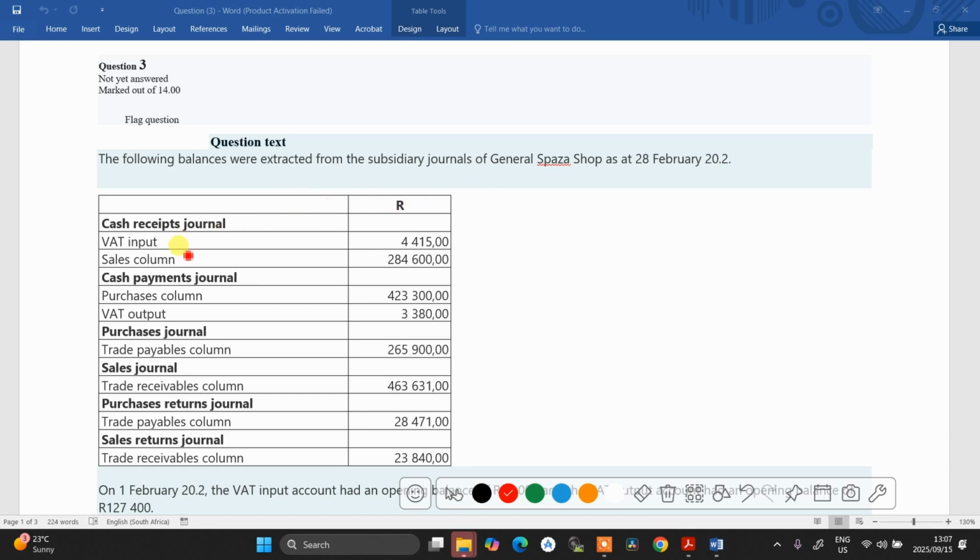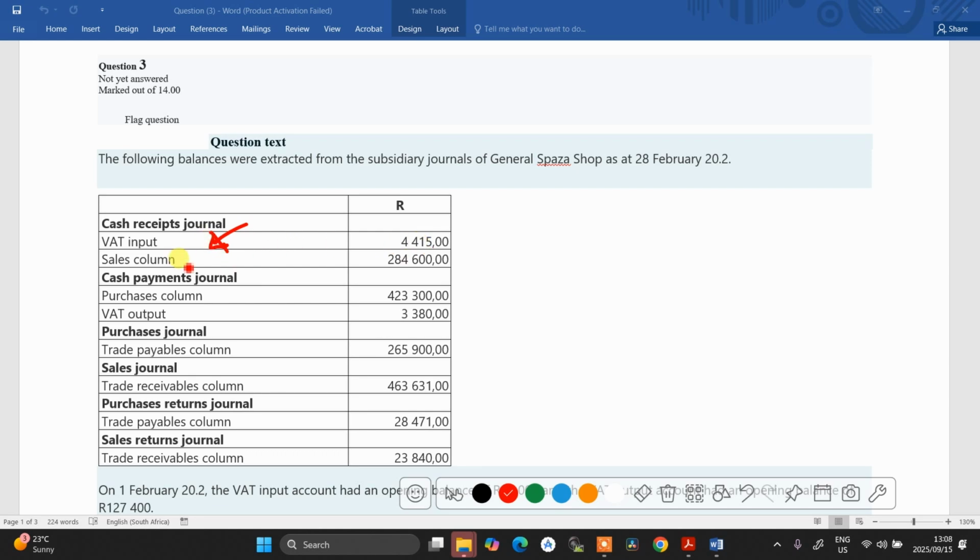But in terms of what we are given here, they gave us the VAT input. And we know that this VAT input is recorded in the cash receipts journal whenever we grant a settlement discount. So this one here is the total for our settlement discount.